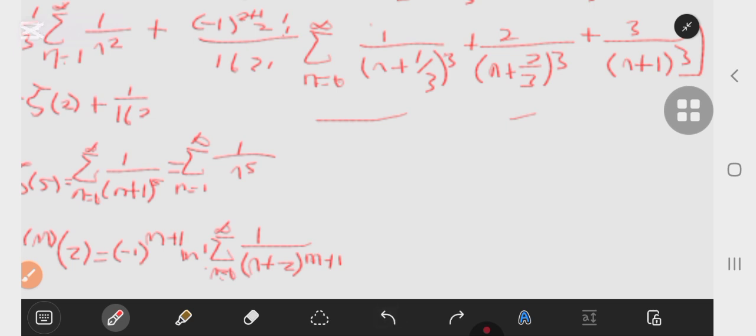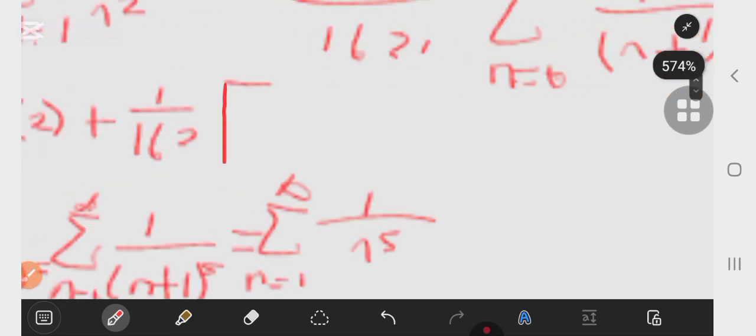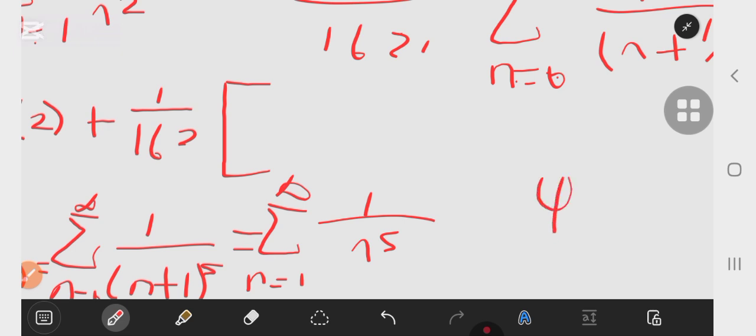Now, the Polygamma function when m is 2 is known as Trigamma.